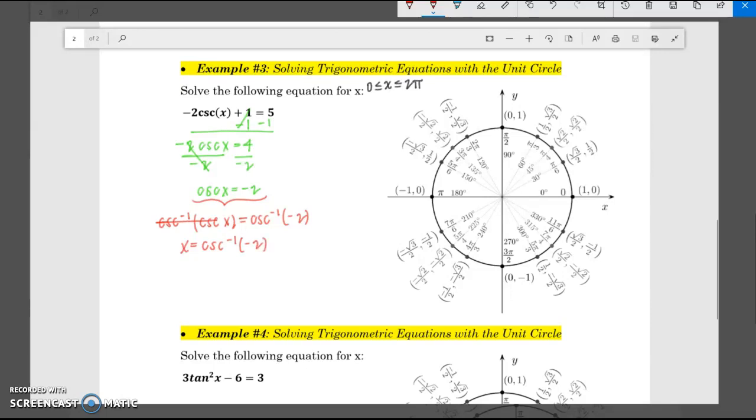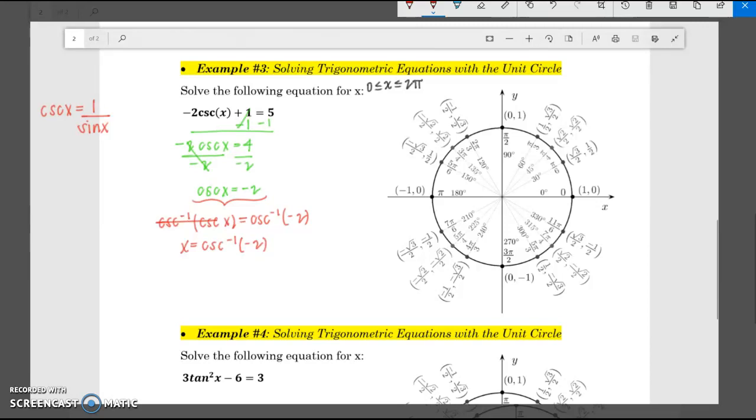Now, anytime you're doing inverses that involve reciprocal functions, you want to think through your reciprocal identities. So remember, the trig ratio cosecant of x is equal to 1 over sine of x. If you had secant, that would go along with cosine, or cotangent would go along with tangent.